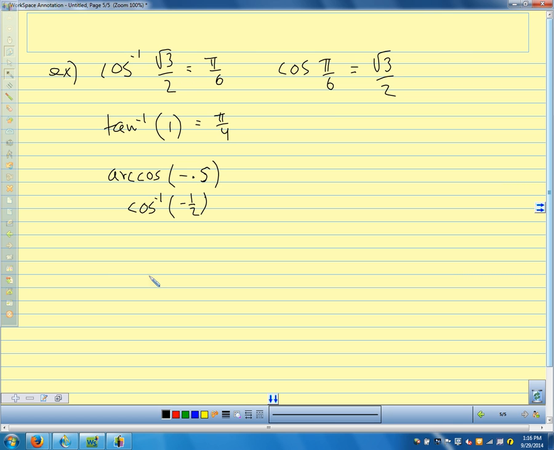So the x coordinate is negative 1/2. The x coordinate is the short side of my special right triangle. It's going to be 2 pi over 3. And this is because the cosine of 2 pi over 3 equals negative 1/2. These two are saying the same thing.